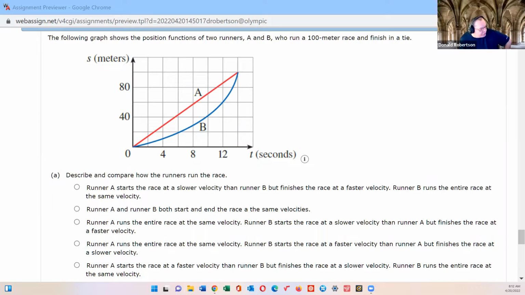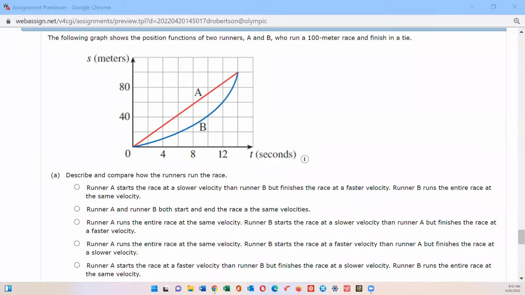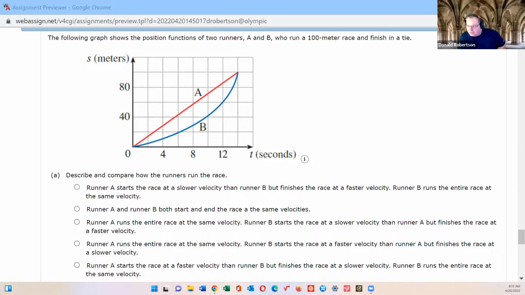Now, if you imagine what kind of race each one of these runners is doing in a 100-meter race, they are not running the same race. They're running it in a different way, right?